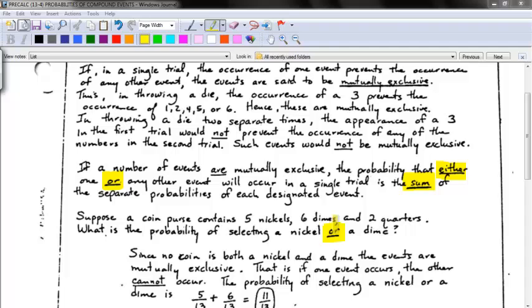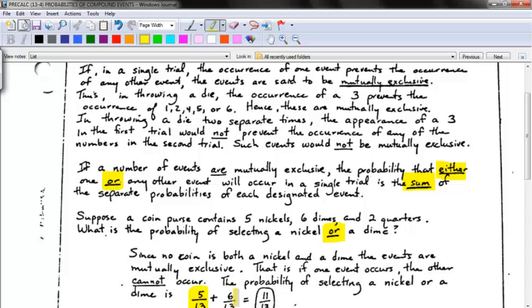So when we did probability, you're still using the general formula for probability, which is success over success plus failure. What's the probability of selecting a nickel? Success would be 5 nickels out of how many total? 13. So the probability of selecting a nickel is 5 out of 13.